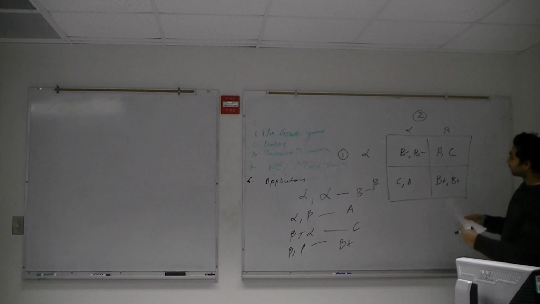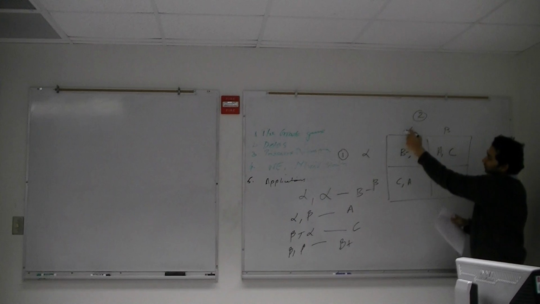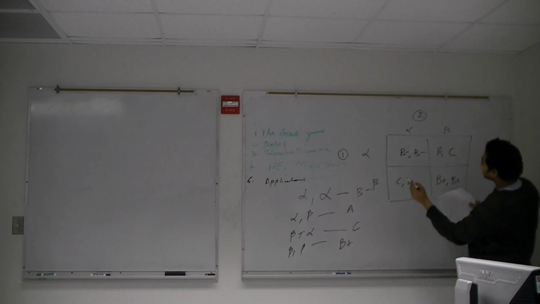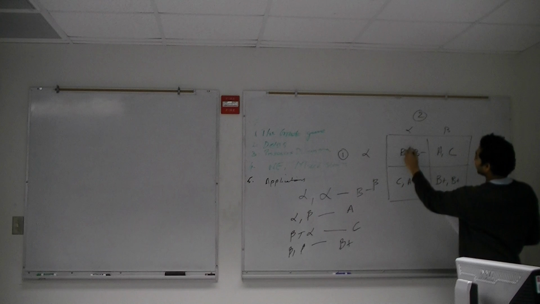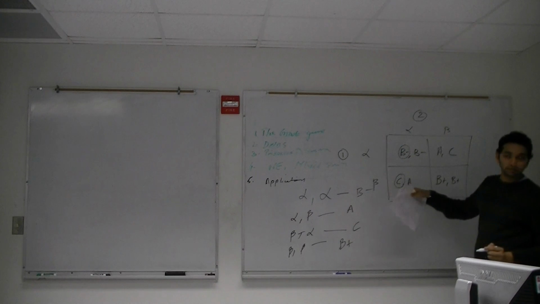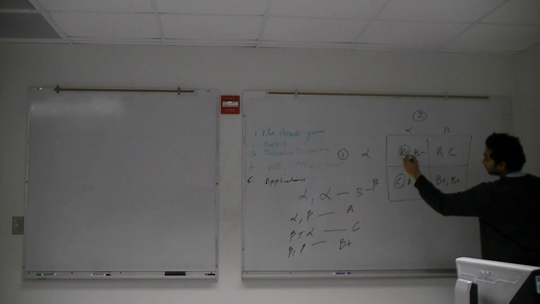So here, let's just compare. If player 2 chooses alpha, you would either get B minus or C, if you choose alpha or beta, so this is greater.